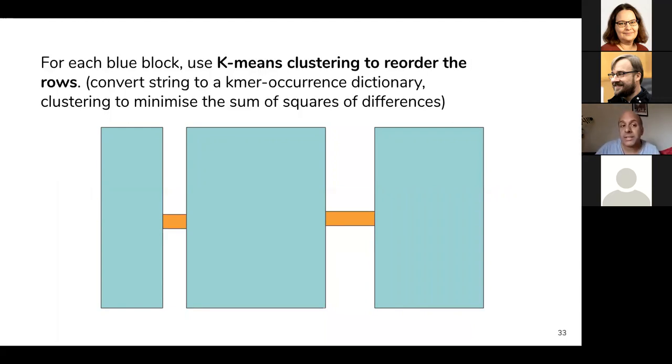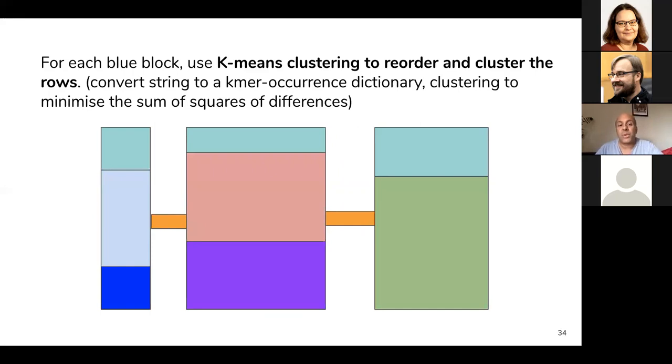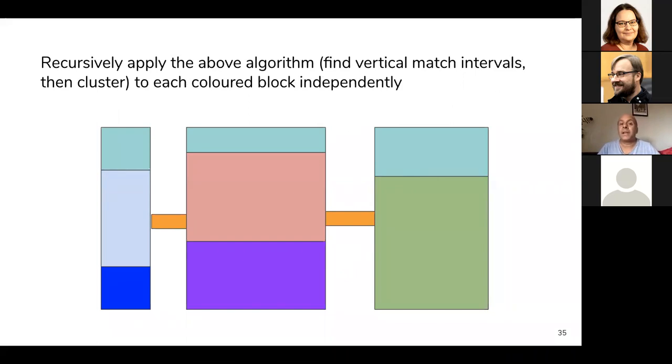The next thing you need to do is, for each blue block, use k-means clustering to reorder the rows. We actually convert the string to a sort of k-mer recurrence dictionary, and then you cluster to minimize the differences. When you've clustered, you have these clusters here, and then you repeat this recursively. Within each block, I apply the same process as before. I look for vertical matches within my blocks.